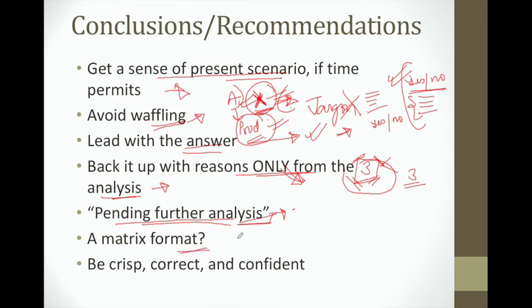Cool. So, a matrix format. This is something that I use to generate more points. Essentially I make a 2 cross 2 matrix. This is long term, this is short term, this is core, and this is peripheral. I'll just explain what I mean. Let's take this problem that I was dealing with.